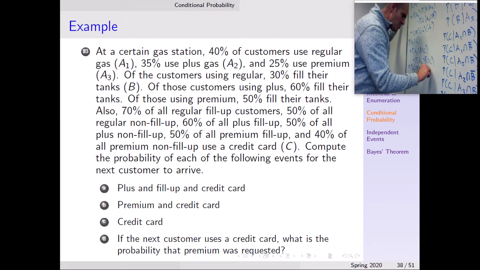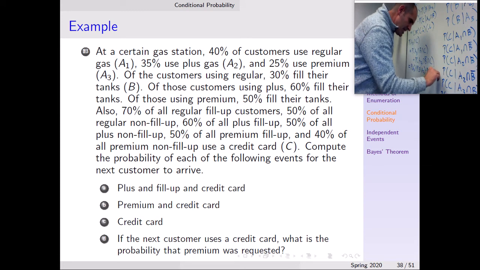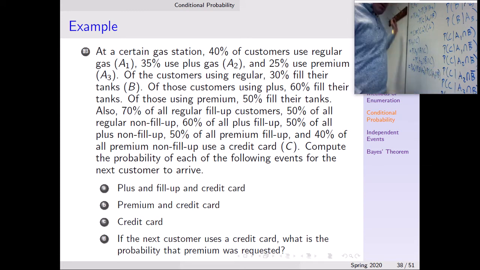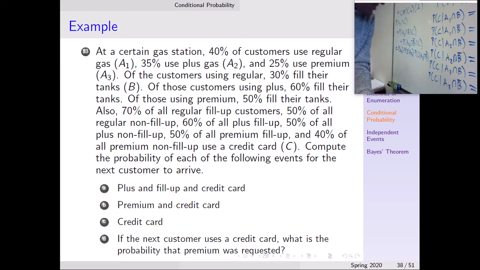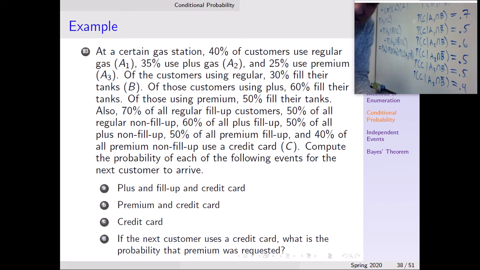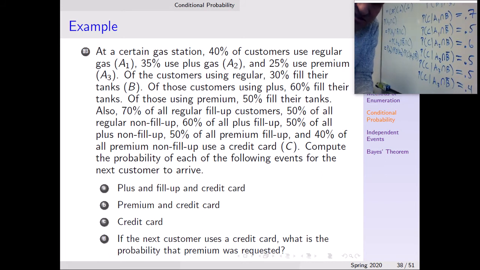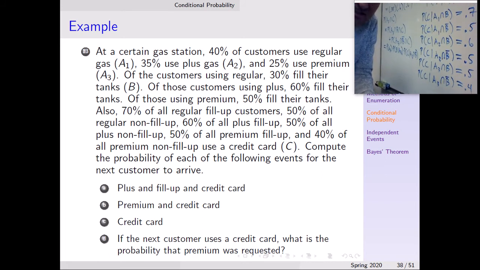So times the probability of C given A3 and B. And now we're in business because I actually know that. C given A3 and B is right here. Okay, right there, it's 50%, okay?